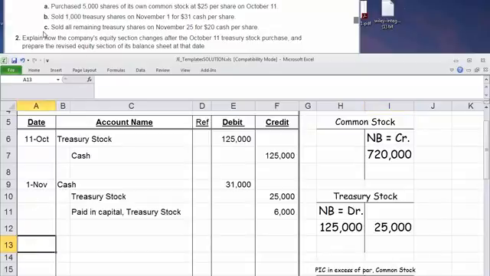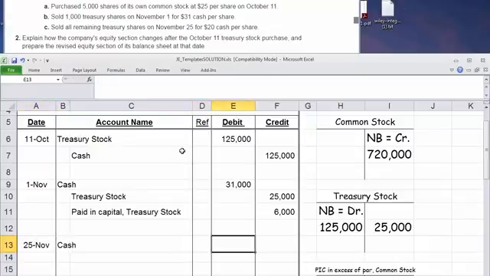And then our final entry is sold all remaining treasury stock on November 25th for $20 cash. So the price dropped substantially from November 1st and even from our original purchase date. Now, because we had 5,000 to start with, we sold 1,000. The remaining balance is going to be 4,000. So the date we're going to use is November 25th, and we're going to receive cash.